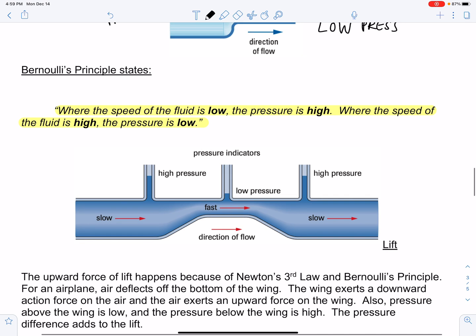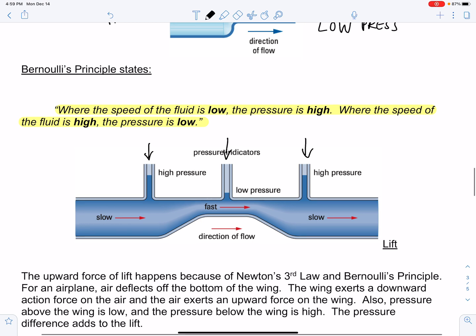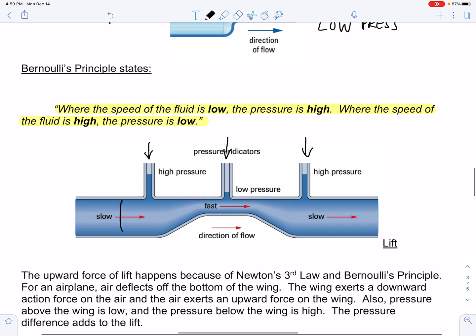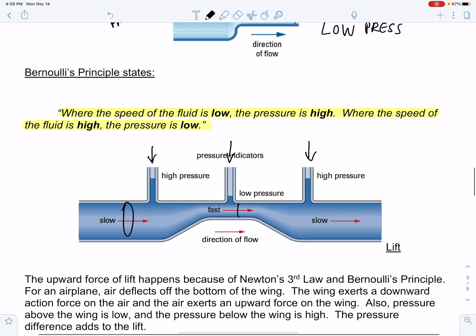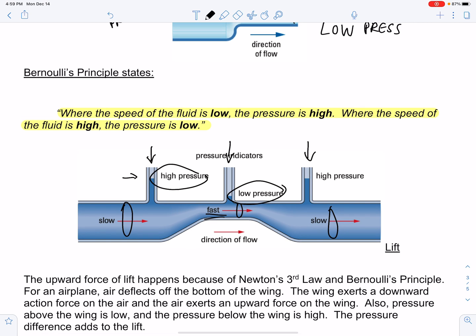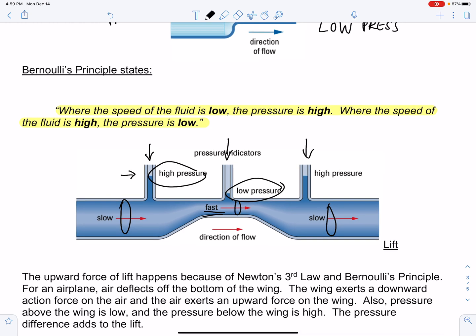These are all open to the atmosphere. The fluid inside is going to move really slowly when there is a large area for it to travel through, and faster when it's forced through a smaller area, and then slow again. So whenever there is slow speed, there is high pressure, and whenever there is high speed, there is low pressure. You can see that as the pressure changes in these openings here. So just remember, high speed, low pressure, low speed, high pressure.